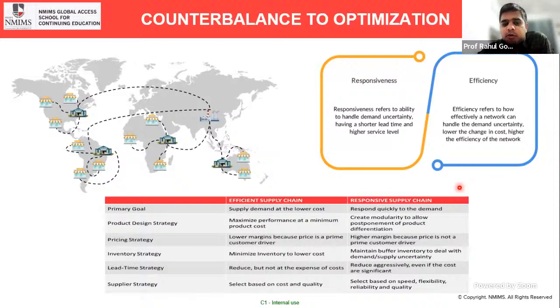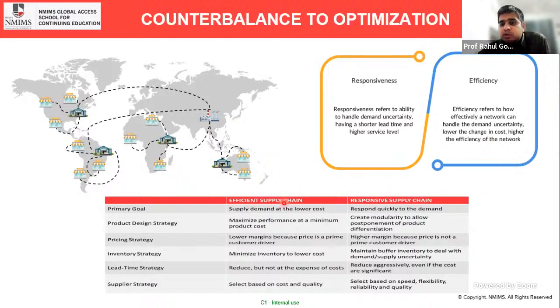Now, when we talk about optimization, we talk about two trade-offs, right? One is responsiveness, which is our ability to handle demand uncertainty, being able to deliver in shorter lead time and give a high service level. And efficiency is all about lower cost, and operating very efficient steps in the process, right?